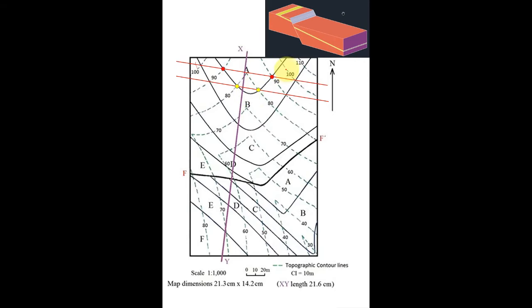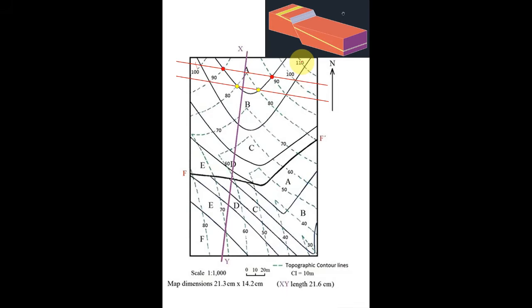So we do have this 100 contour, and one point is here, but the other point is not shown in this map, so you have to just extend these lines and you'll get that point. But I'll just exclude this 100.